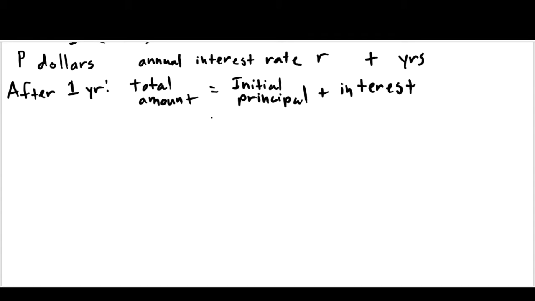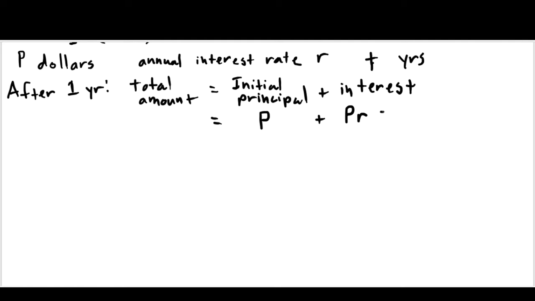The initial principal is P, and the interest, using the simple interest formula, would be P times R times T. But remember the time period is just 1 year, so it would really just be P times R, because T is equal to 1. We're talking about after 1 year passes.